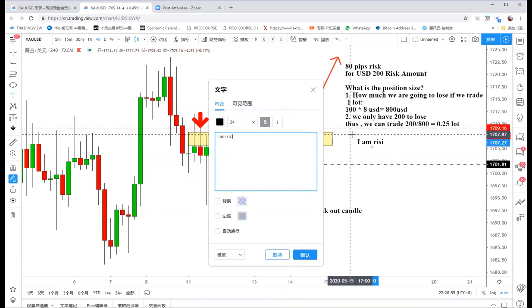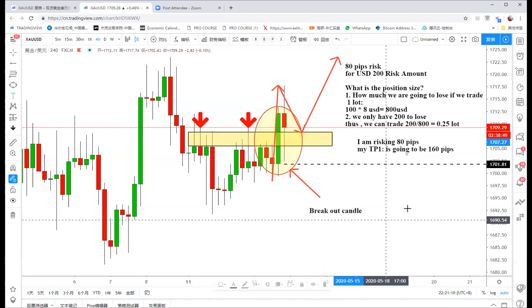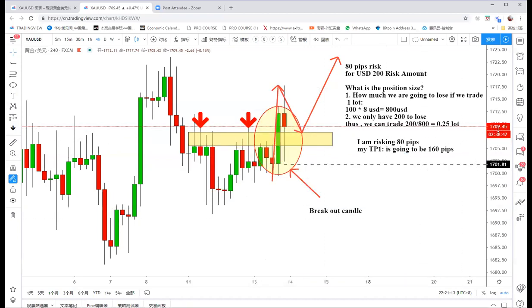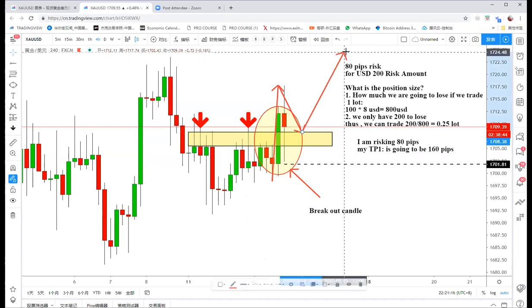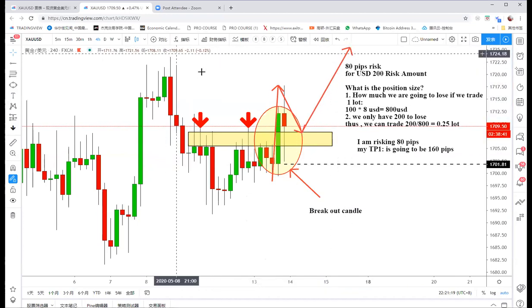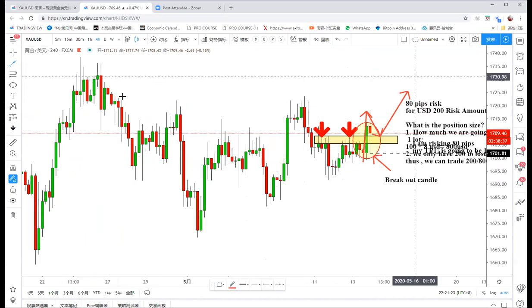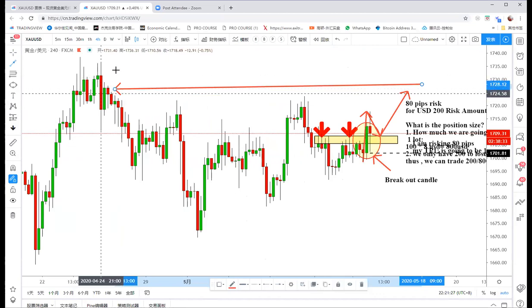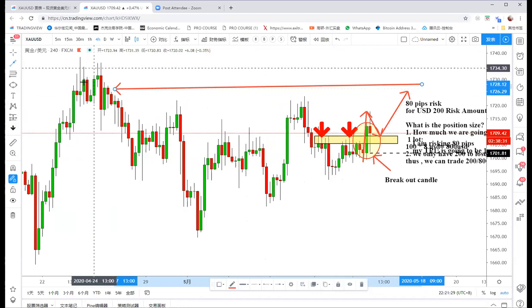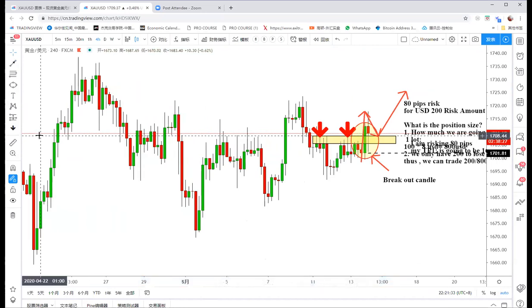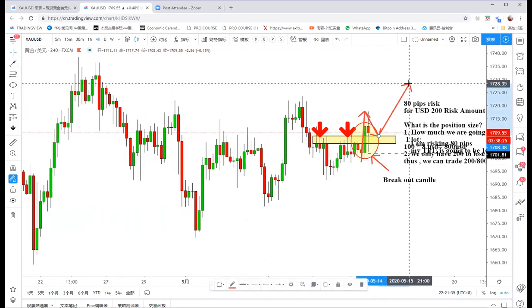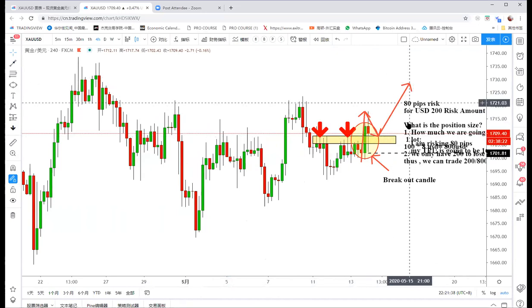Since I'm risking 80 pips, my TP1 is going to be 2 times 80 pips, which is 160 pips. So 1709 plus 16 is 1725, which is about the previous high. It's a very comfortable level, because gold did have some candles consolidating here. It is a high success rate trade, and if the target is hit, we are going to win $400.